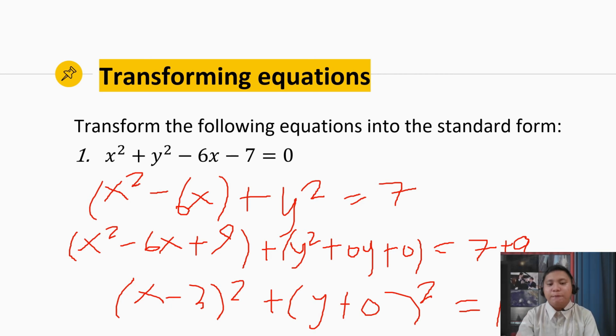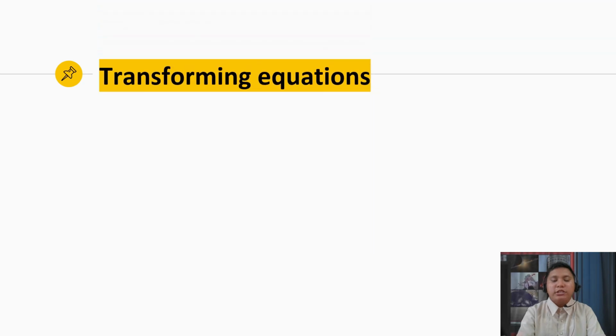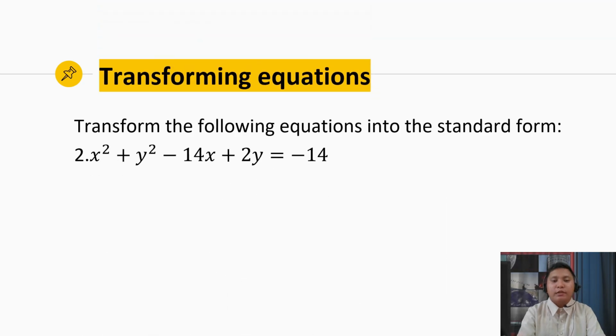This time, I'd like you to solve this example. I will give you 30 seconds to answer. Equation number 2. I'd like to give you 30 seconds to solve this equation.